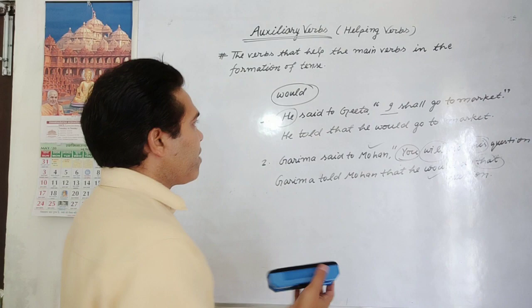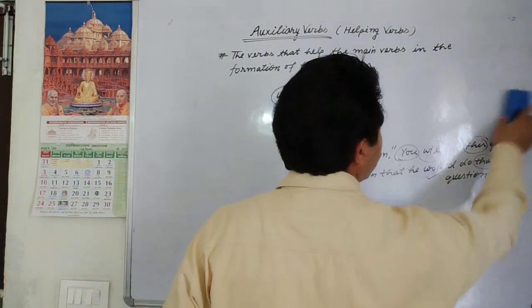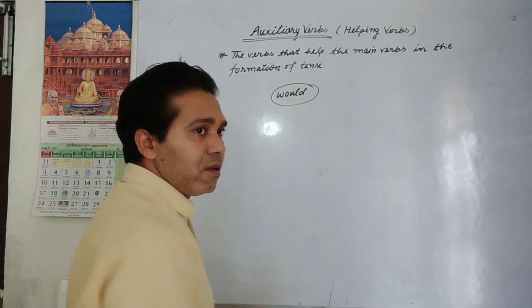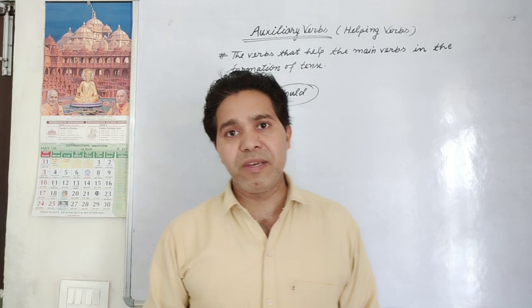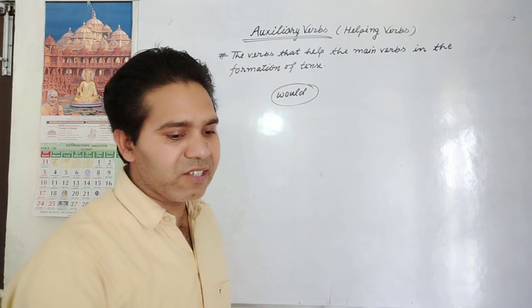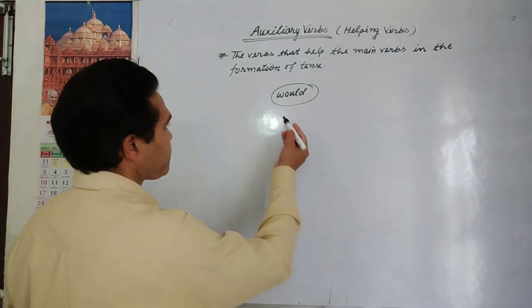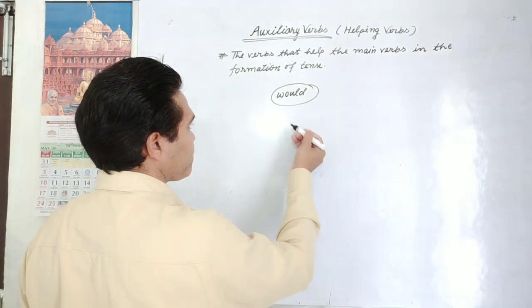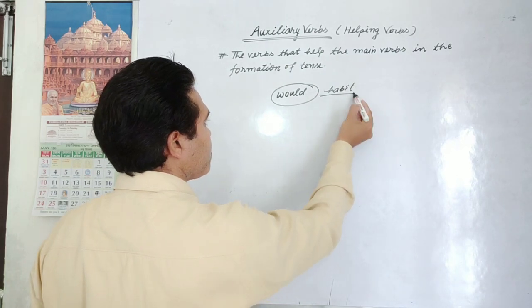And second use, to give preference to somebody, as now I would like to call Mr. Mohan on the stage, in this way. Okay. And next, if there is a habit in past tense, then also we use would for habit. You will remember habit. How?